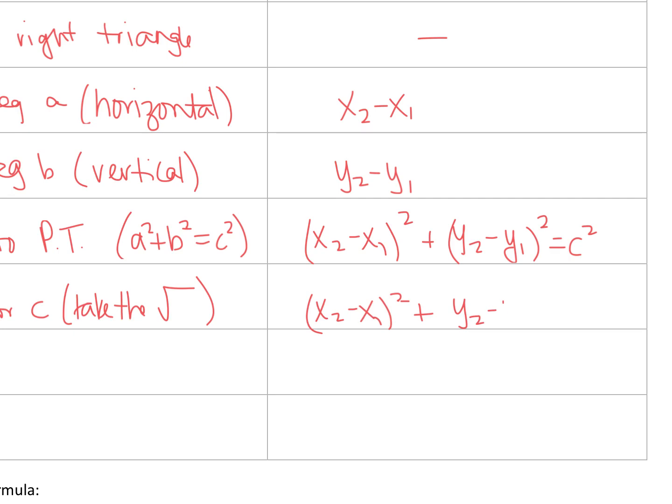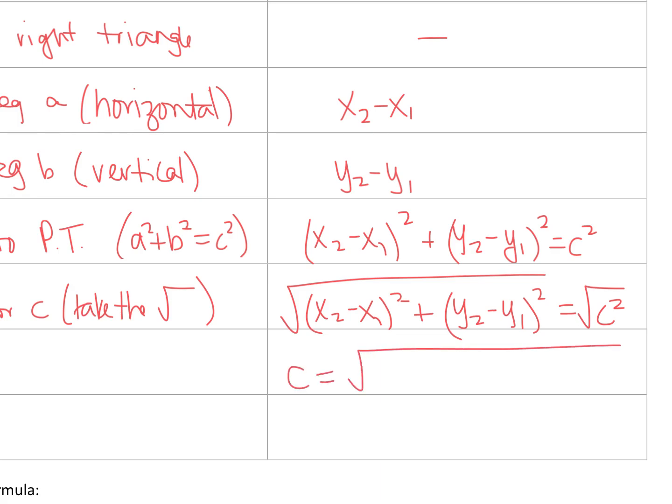I'm just rewriting the two subtractions, and then we're going to take the square root of that whole thing, and then take the square root of c squared. So what you end up with is c is the square root of my first leg A, which was x2 minus x1, the whole thing squared, plus my second leg B, y2 minus y1, that whole thing squared. And then that sum gets square rooted.